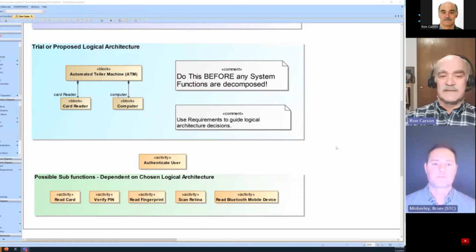Well, as I said, validate is not an observable function, or verify is not an observable function. So the result of any validation activity is going to be either the user is allowed to proceed with transactions or they're not. And if they're not, we might decide as system designers to, if it's a card reader and we believe that the card has been compromised, the ATM could just keep the card.